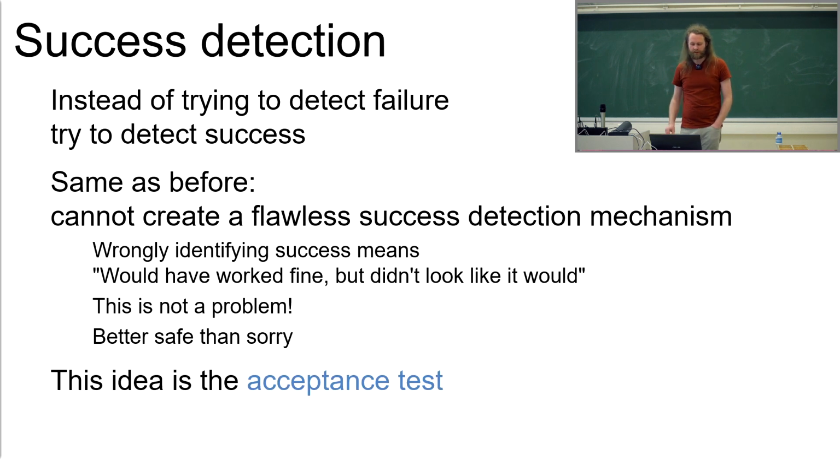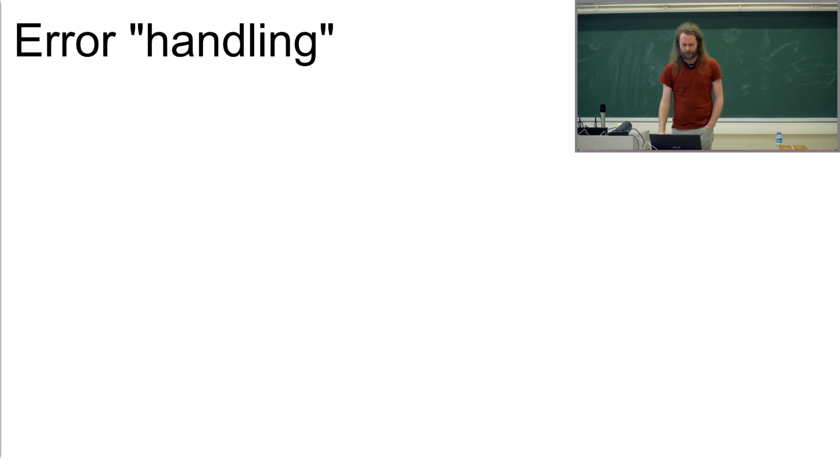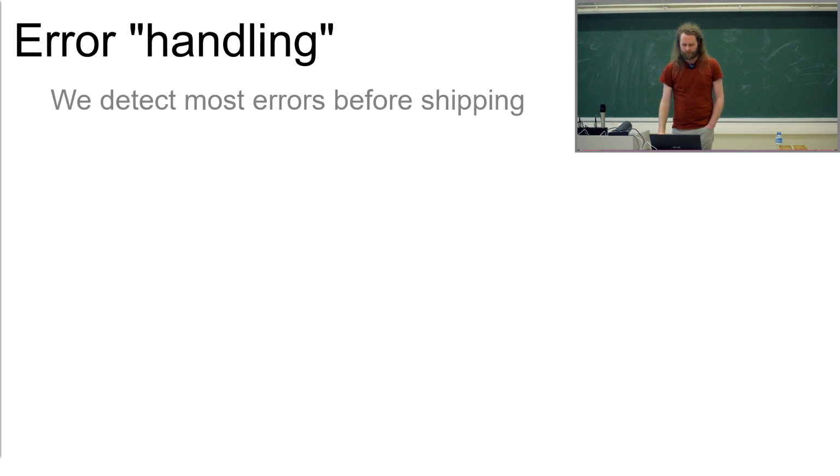So this idea of creating a success detection mechanism instead, this is the idea of the acceptance test. So let's think about error handling in the traditional non-handling way, I suppose.